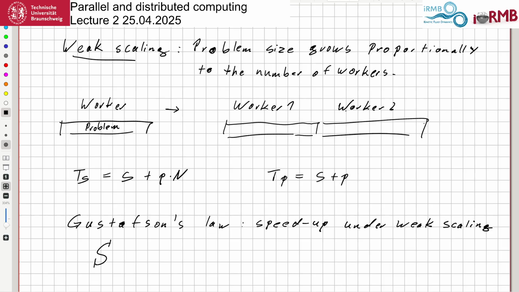We call this S again, and it's again the entire time for the serial execution divided by the time for the parallel execution. And now what has changed is that this is S plus P times N divided by S plus P, and this is also the serial fraction plus the parallel fraction times N.